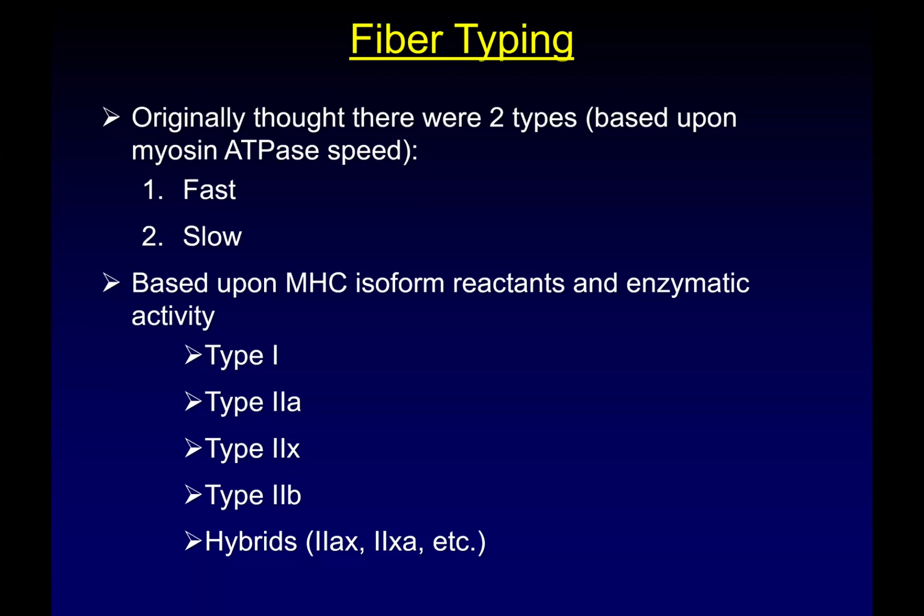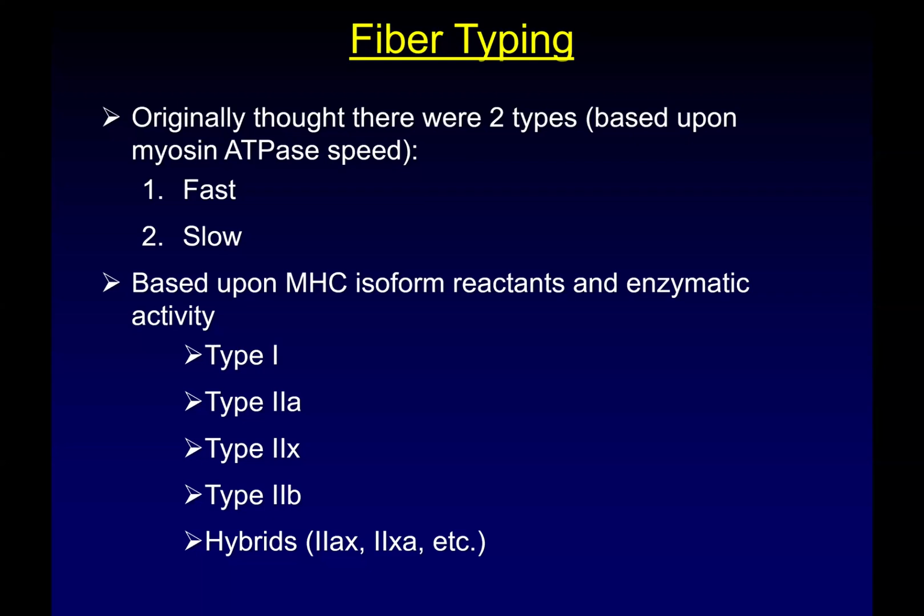And then we now know there's a bunch of hybrid fibers that exist somewhere on a continuum in between all of these. So type 1 versus type 2: 1 denotes slow, 2 denotes fast. That matches with our old convention. And then there's the lettering portion. Most of you, the type 2 fibers you have are either A or X, or some kind of hybrid fiber that exists in between.